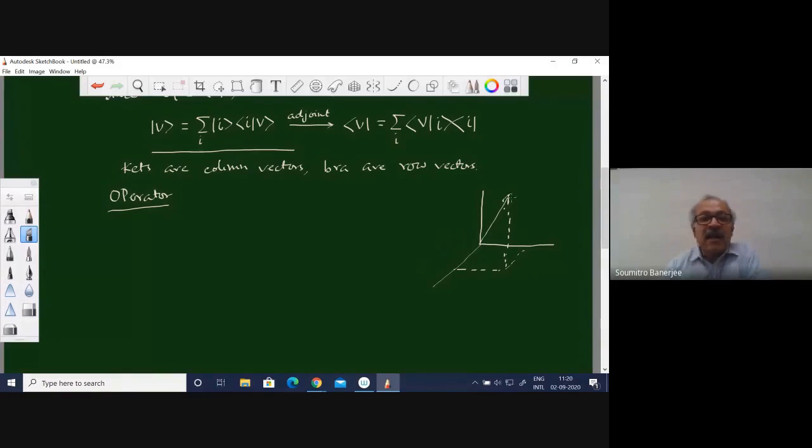That's fine. But now I have a vector and I operate on it by an operator. What should the operator be? Obviously, a vector like this is being transformed by an operator into another vector. And you have learned from the first year that the operator must be a matrix.